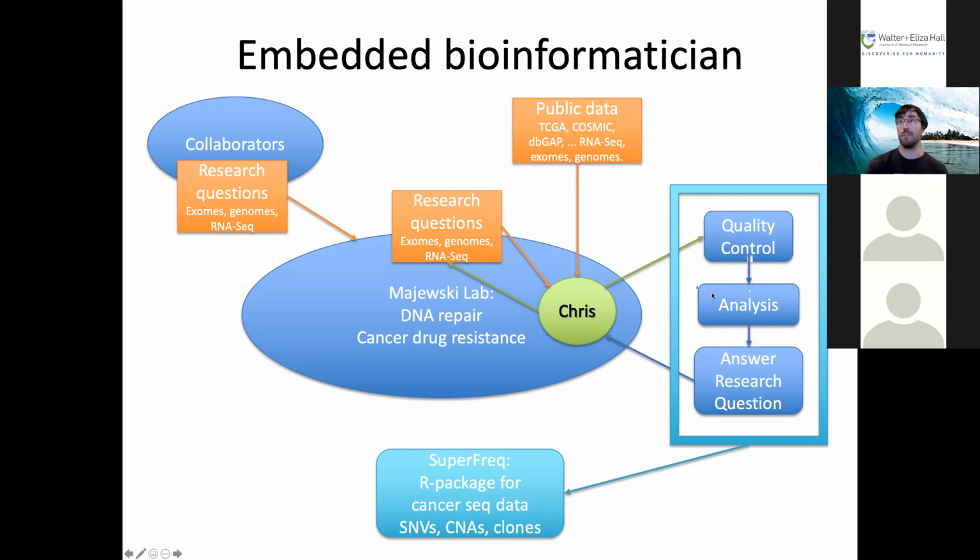You have a specific one that's doing the copy number calling, or a specific one that's doing the variant calling. Well, here we are aiming to help you go through this entire part of the quality control and the research question, which involves things like more visualization and diagnostics for the quality control. And we also do quality of life things like help you annotate the somatic variants and so on to make it easier to answer the research questions.